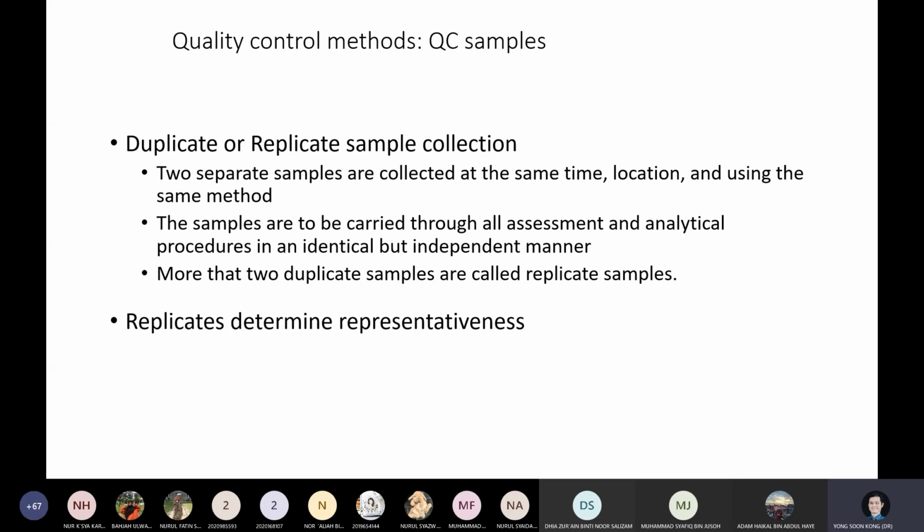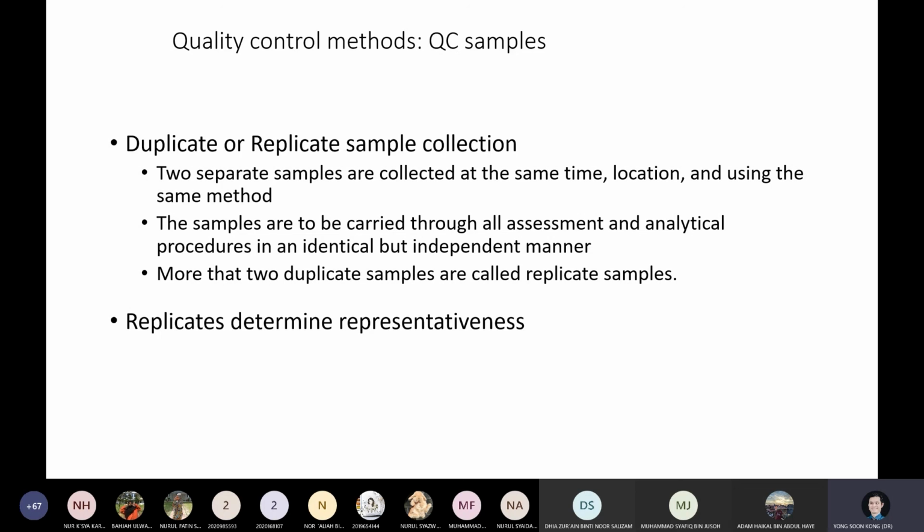There might be some tiny variation, but the point is that we want to see how stable the measurement is. And of course the representativeness, because if out of those two replicates one is very, very different, you might ask, are you collecting the same sample? You're collecting from the same location. How come they can be so different?